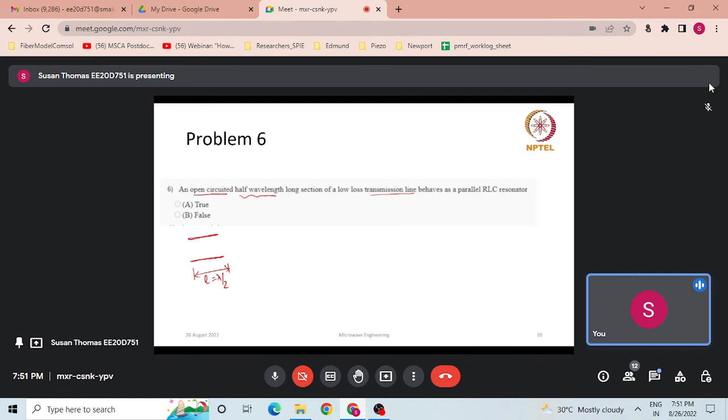We can find the behavior of parallel or series RLC based on the input impedance. If you know the input impedance, we can come to a conclusion about the behavior.